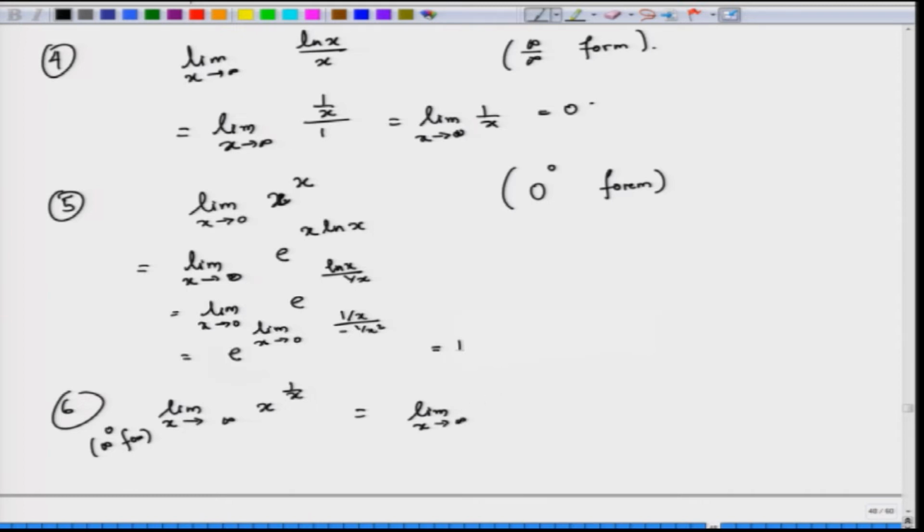So the limit as x goes to infinity of e to the power ln x by x. Now, we found out earlier that the limit as x goes to infinity of ln x by x is nothing but 0. So, this is e to the power 0, which is equal to 1.